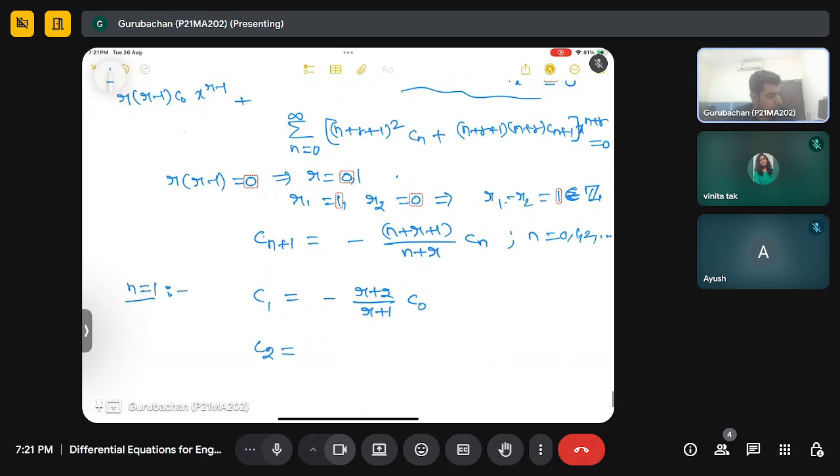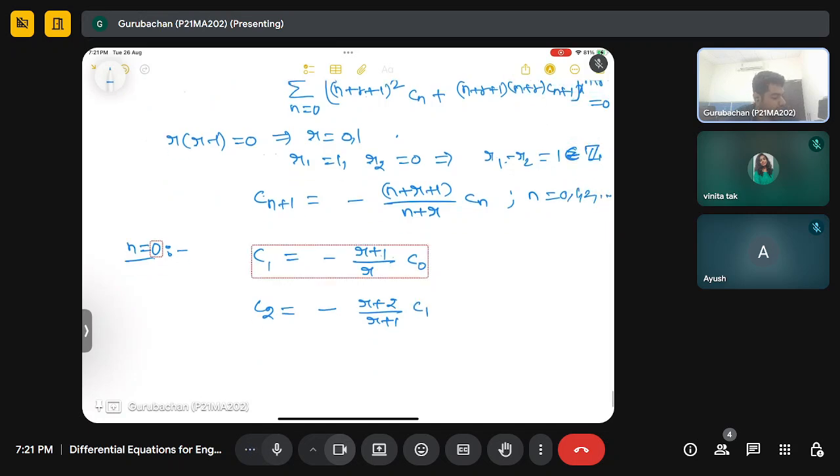The second is r plus 2 divided by r plus 1. Since we are putting n equal to 0, it will give r plus 1 divided by r. So r plus 2 divided by r plus 1 C1 is minus r plus 2 divided by r C0.